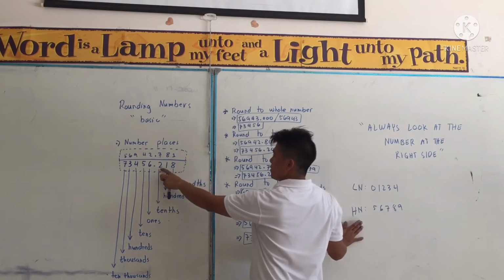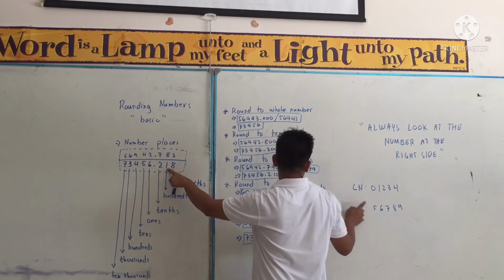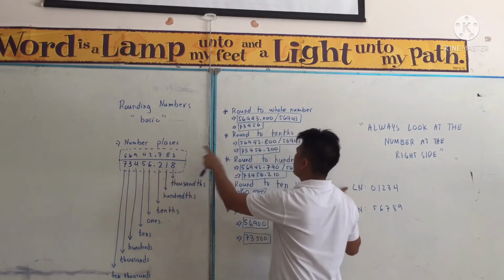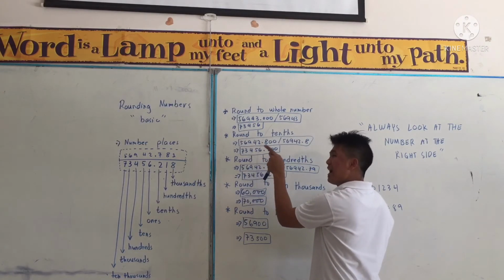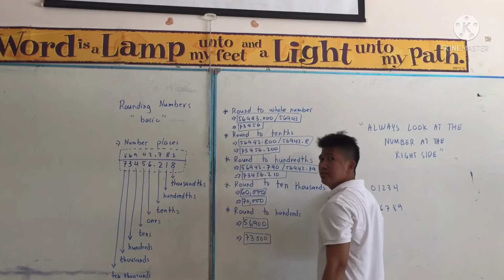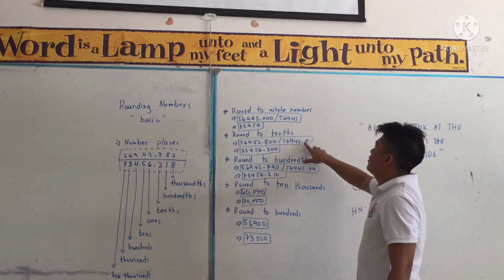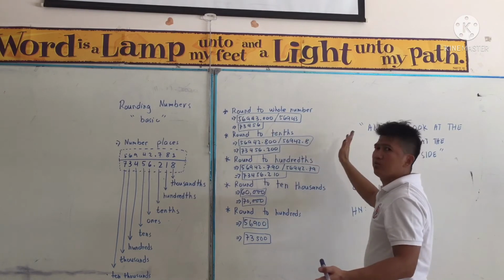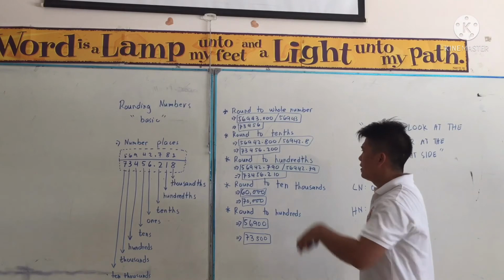In the second example, that's 1, a lower number, so no need to add. Just write that 2 as it is and write 0 after that, or you can write just until 8, no need for 0. It doesn't matter if you write 0 or not.